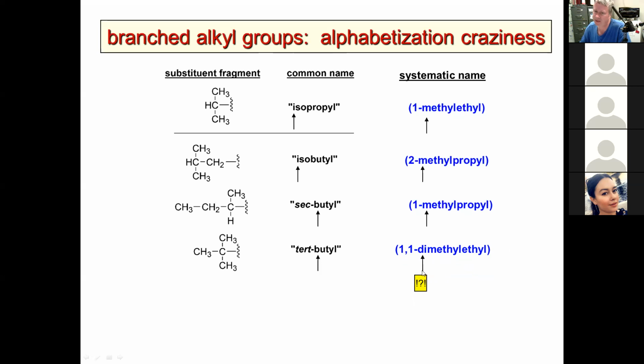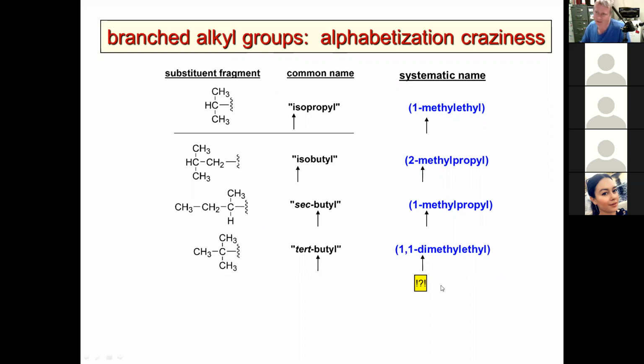We don't alphabetize off the M. If it's a complex substituent and we name it systematically, we alphabetize off the D, not the M, and that is weird. Because if I say 2,2-dibromooctane, you alphabetize off not the di, but the bromine, right? So that's weird.